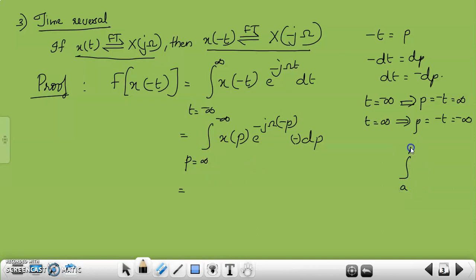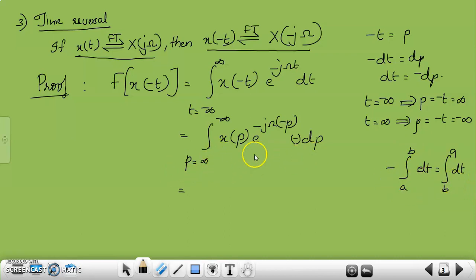Now, the integral from a to b of dt is equal to minus the integral from b to a of dt. The lower limit can be moved to the upper limit and the upper limit to the lower limit, or we can interchange the limits by multiplying with minus 1.